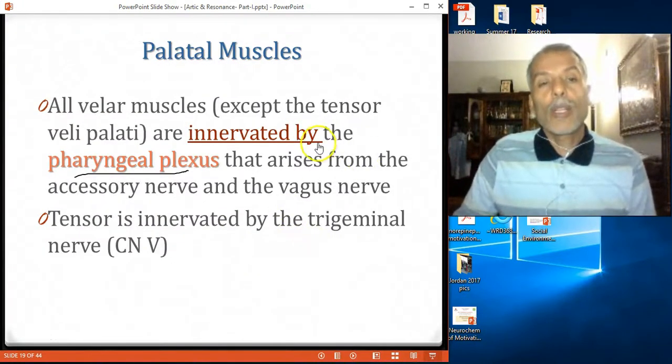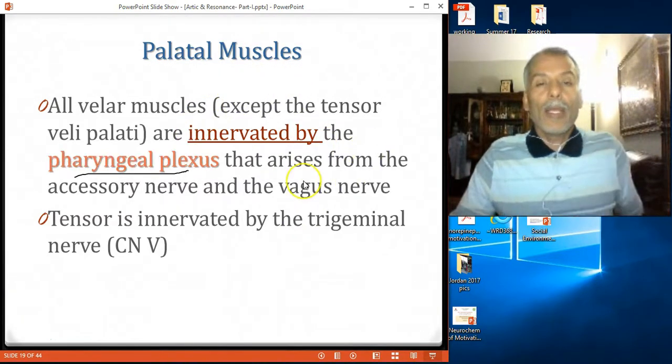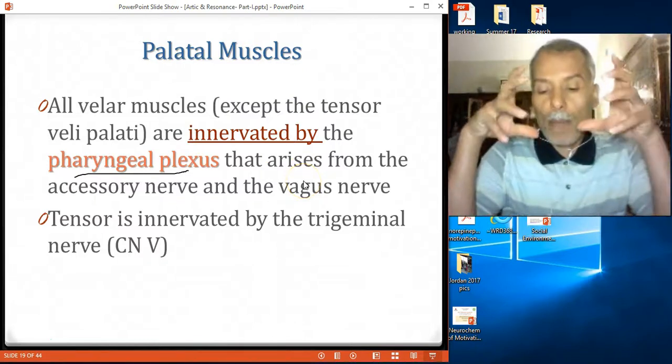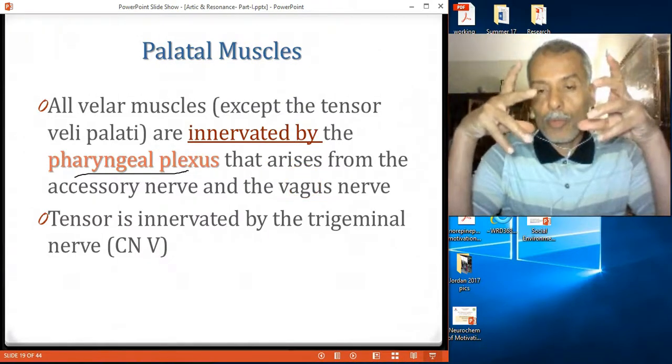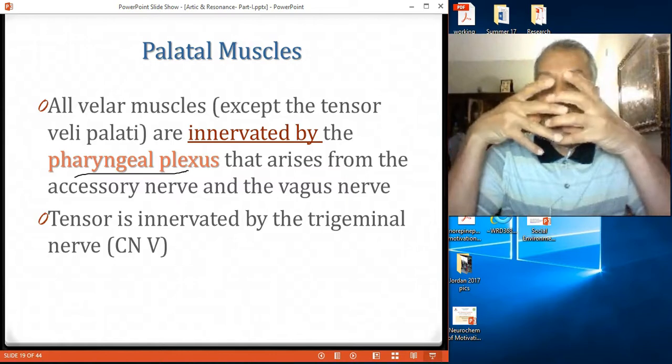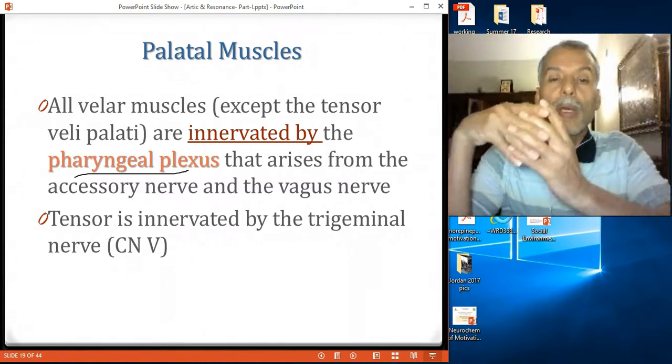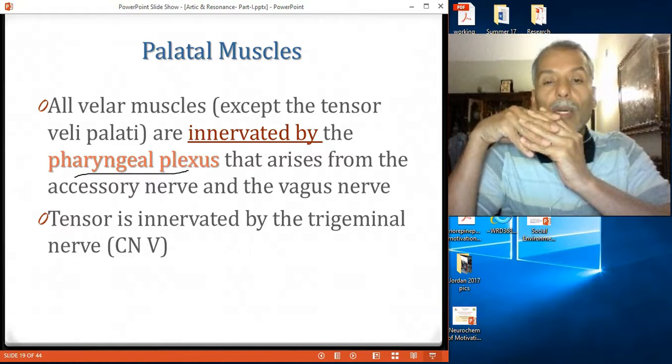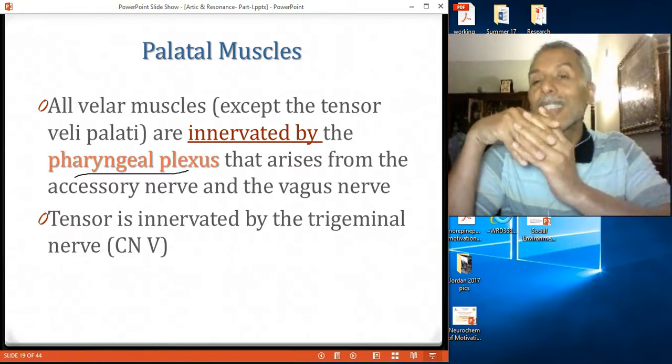So first, in general, all the palatal muscles are innervated by a hub of nerve tissue that come from two cranial nerves, from nerve number 10 and 11.